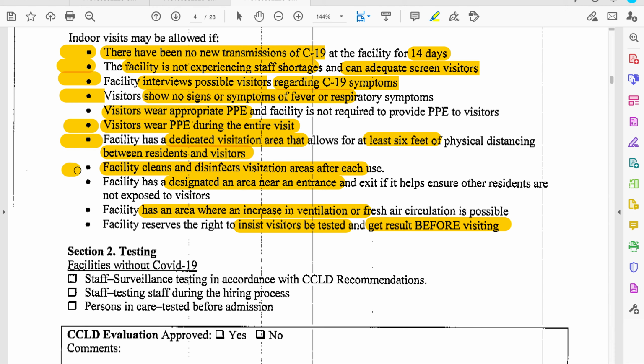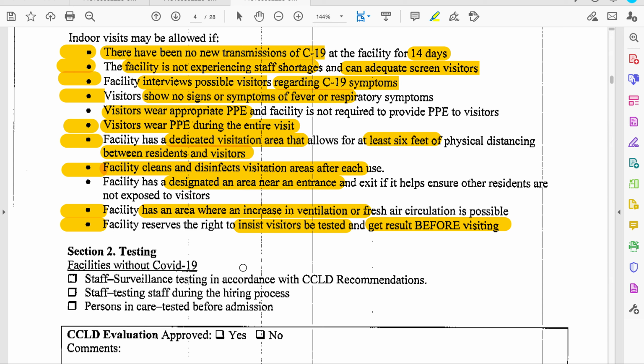We have to disinfect the area that they visit, and if possible, we need to open up a window in the area that they are visiting or the room of the patient to allow for increased ventilation or fresh air circulation. We must insist visitors be tested before visiting our facility.